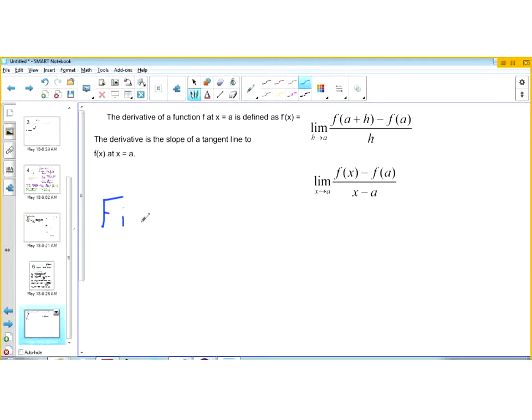Now we can calculate derivatives of functions. Let's find f prime of a if f of x is equal to x squared minus 8x plus 9.